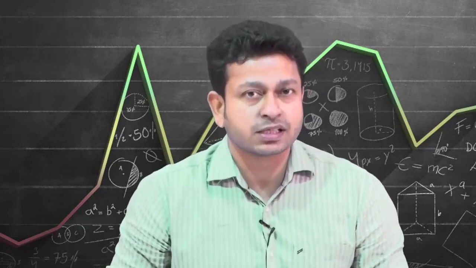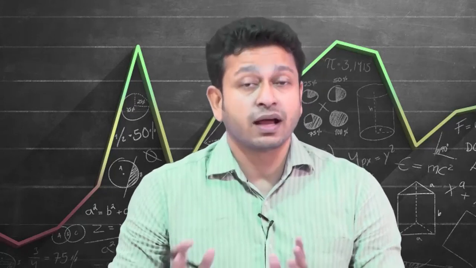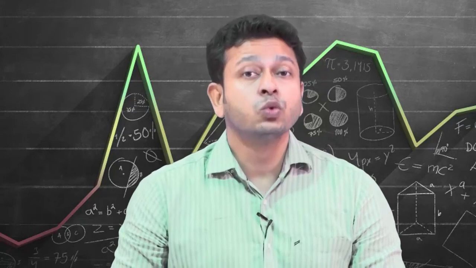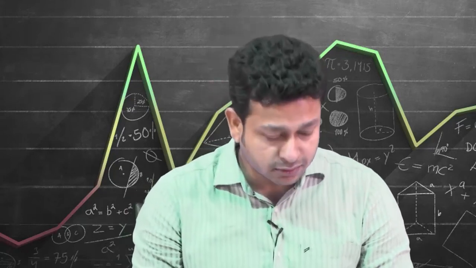Let me first write down the expression of a beta coefficient when I have more than one explanatory variable, and let's take the case of two explanatory variables.